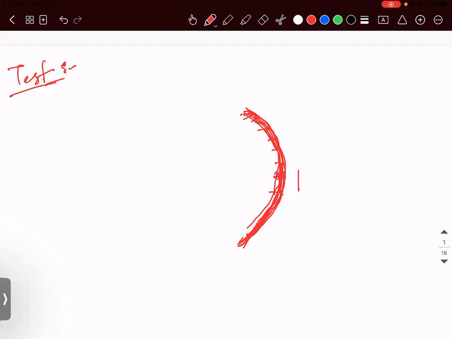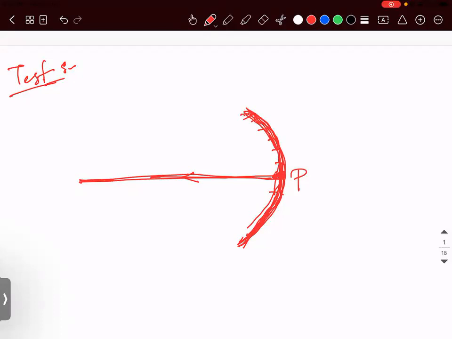Let's say if the ray is coming from infinity, what will happen to this ray? What is the angle of incidence here? Angle of incidence is measured with respect to the normal to the surface.